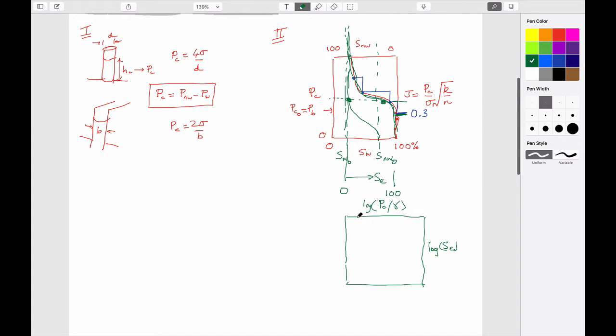If we did that, then we had a kickoff point that was here, and then a graph that had some gradient to it. I think it was an expression something like SC is equal to capillary pressure divided by unit weight, but also divided by the bubbling pressure divided by unit weight. So the unit weight cancels out, to the minus lambda.